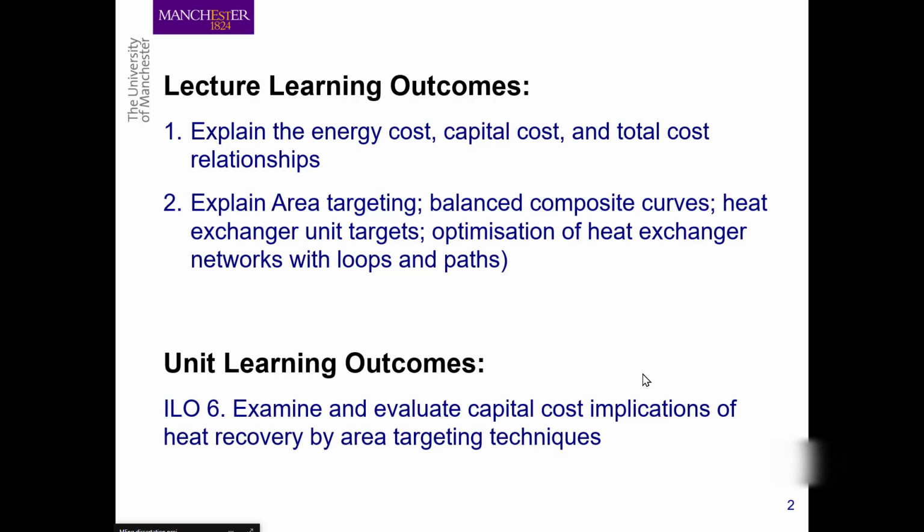We will also talk about area targeting, looking at balanced composite curves, and then we will talk about some other optimization approaches of heat exchanger networks with loops and paths. This lecture relates with the unit ILO 6, that is around examining and evaluating the capital cost implications and how that can be used for area targeting techniques.